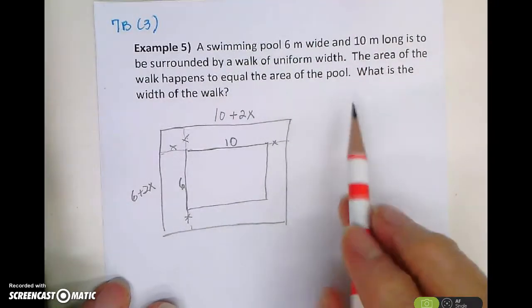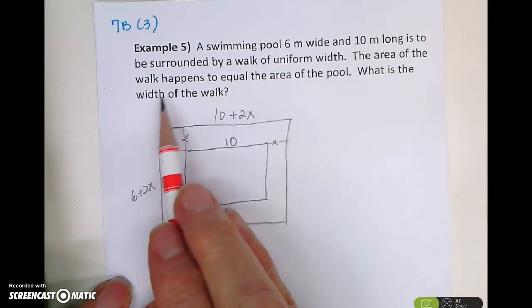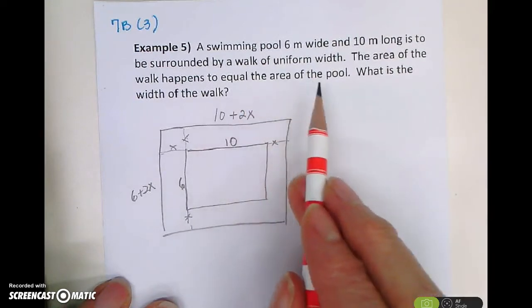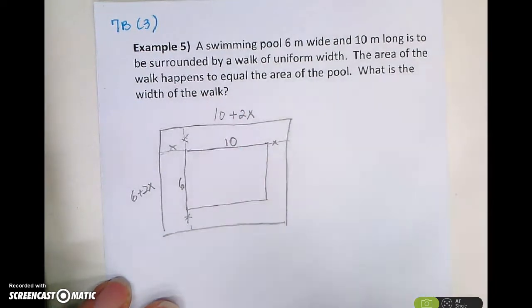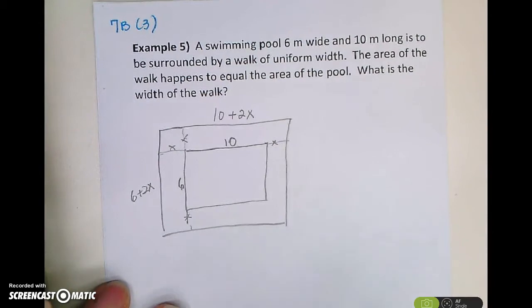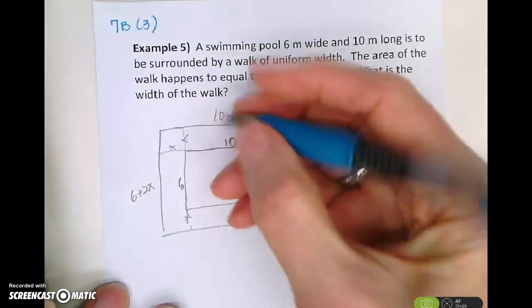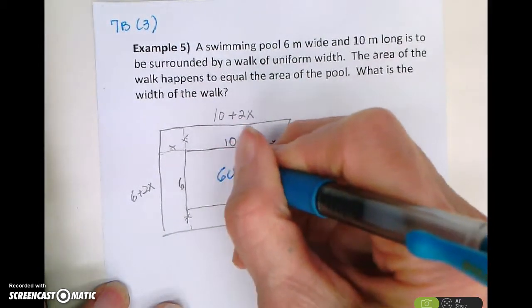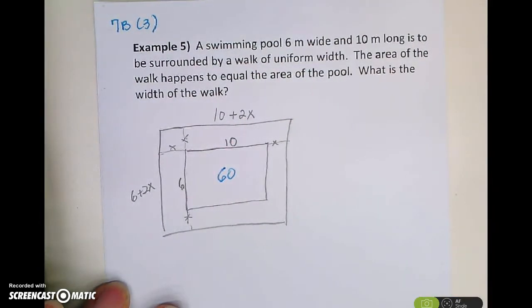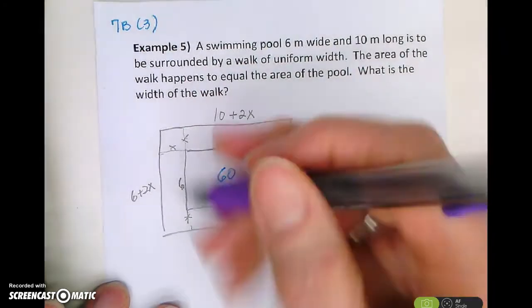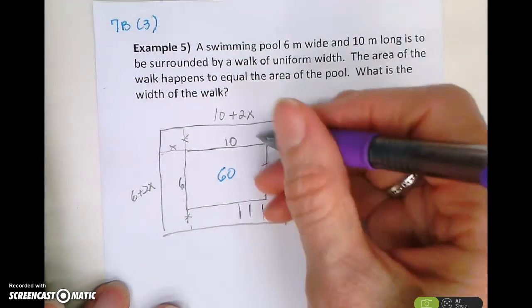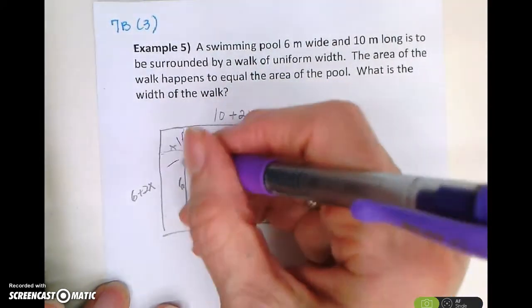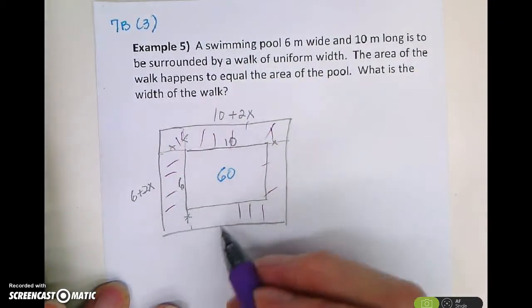It says that the area of the walk happens to equal the area of the pool. We want to figure out what the width of the walk is. All right, well, we know that the pool here, 6 times 10, is going to have 60 square meters in there. And we know that the walkway going around it is going to be the same number, so it also is 60.